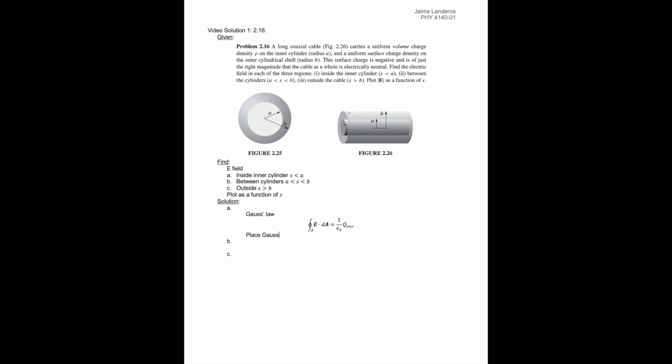So place a Gaussian surface as a coaxial cylinder with radius S less than A inside the innermost cylinder and with length L. So what we're talking about here is a coaxial cylinder inside of this inner solid charge density cylinder.